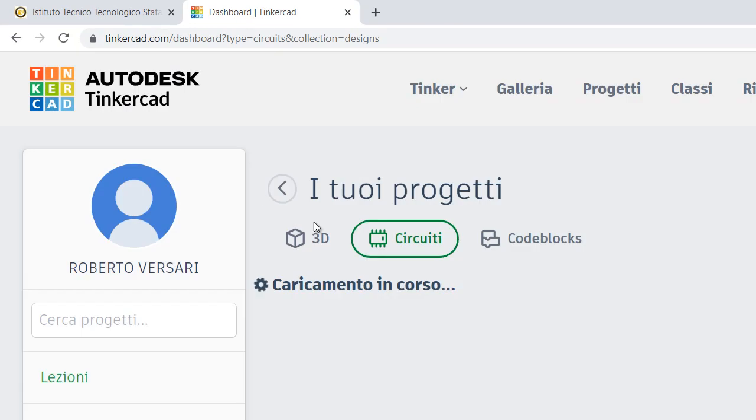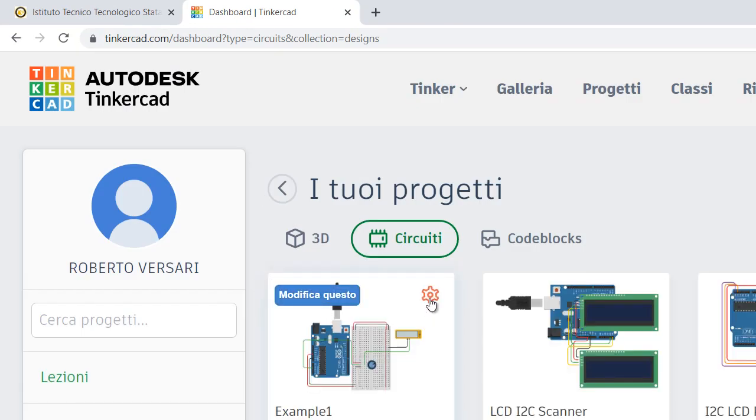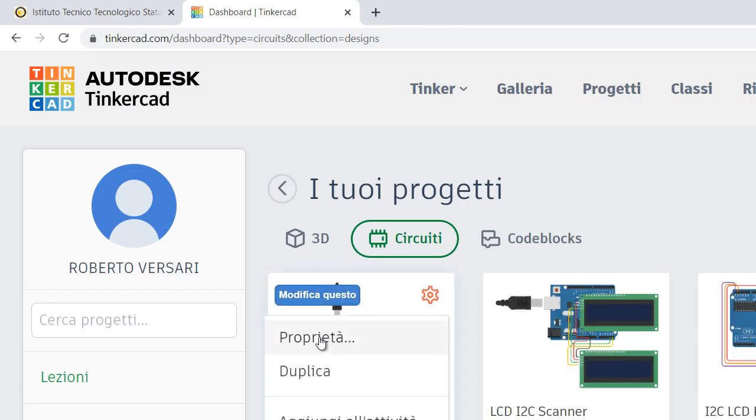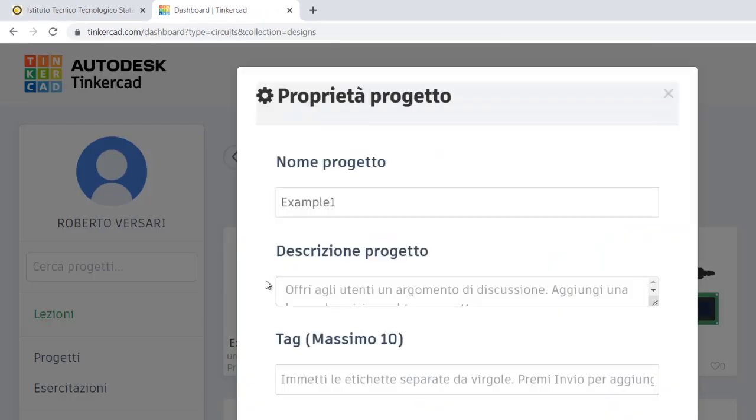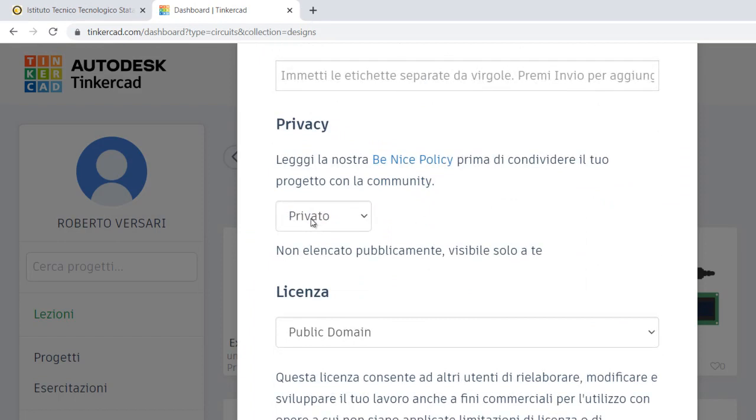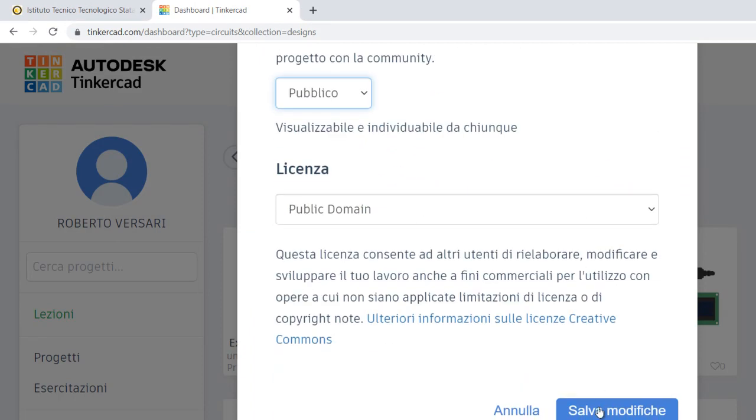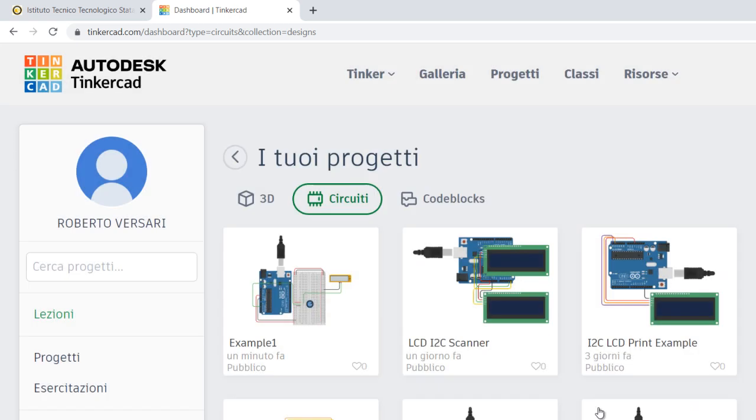First of all, if we want to share this project with other people, you have to go here in Properties and select Public. We have to save the changes.